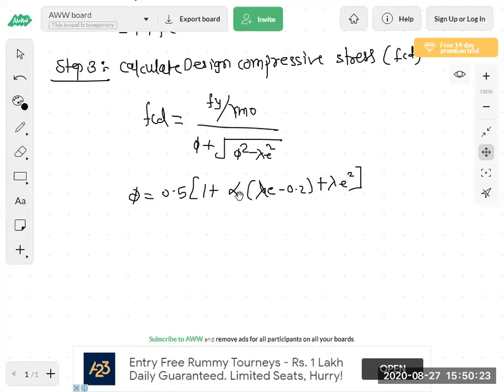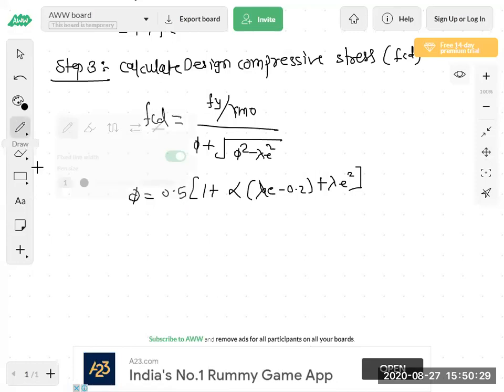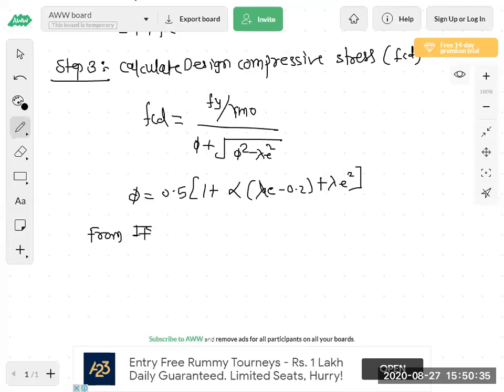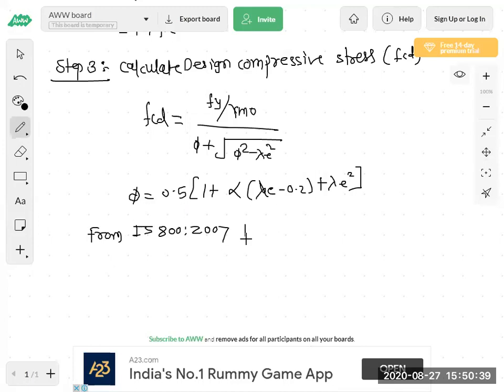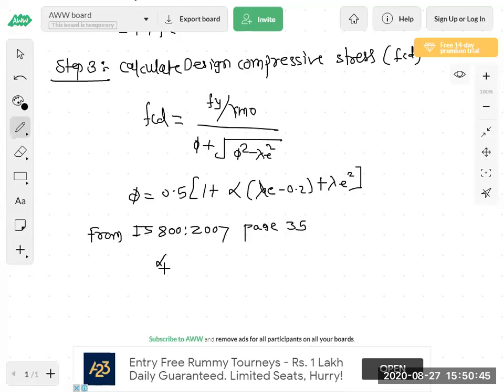Which page number? 35. Go to page number 35 of IS 800 2007, where alpha is given.